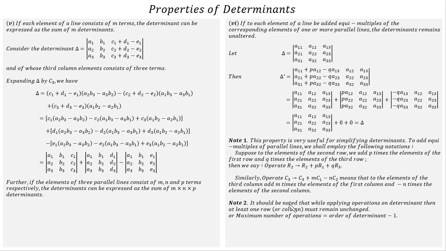Note 2. It should be noted that while applying operations on a determinant, at least one row or column must remain unchanged, or the maximum number of operations equals the order of the determinant minus 1.